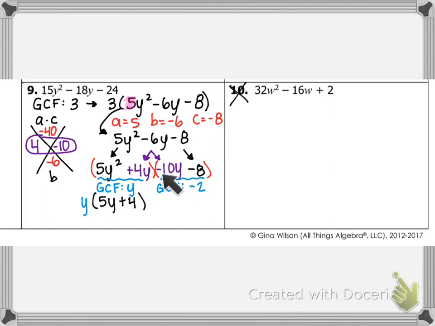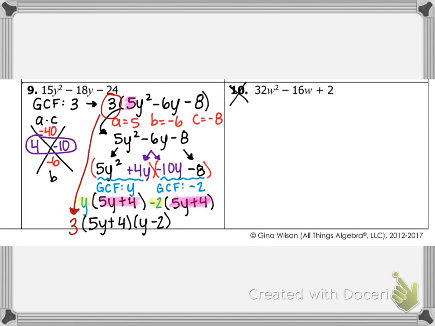So if you notice they're both negative, you're going to be taking out a -2 for the GCF. So -10 divided by -2 is a +5. And -8 divided by -2 is a +4. Do those match? They do, so that's part of your answer. The leftover pieces are the other half, and then don't forget to bring down your GCF at the very end. That's your final answer.